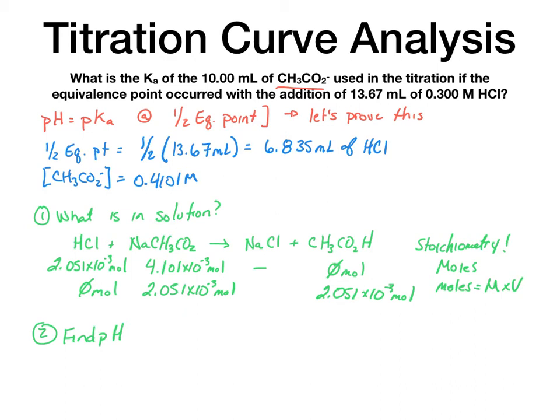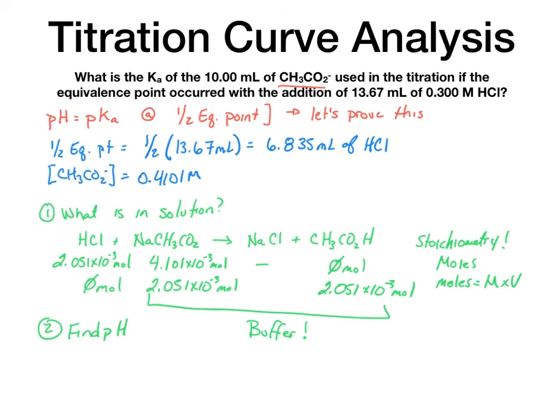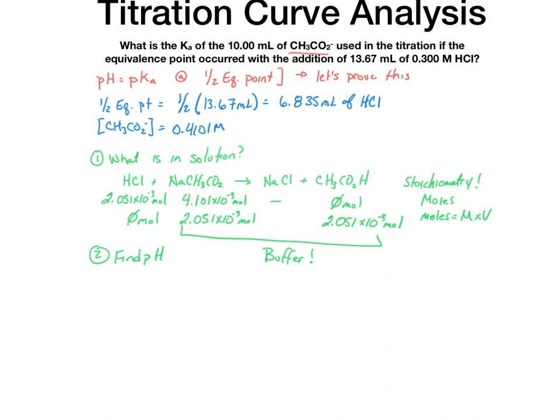What we have going on is a buffer. So we can find the pH using the Henderson-Hasselbalch. Whoops, not Kb, pKa plus the log of the concentration of the acetate divided by the concentration of the acetic acid.